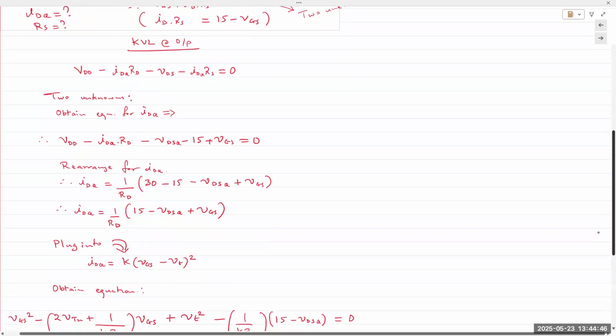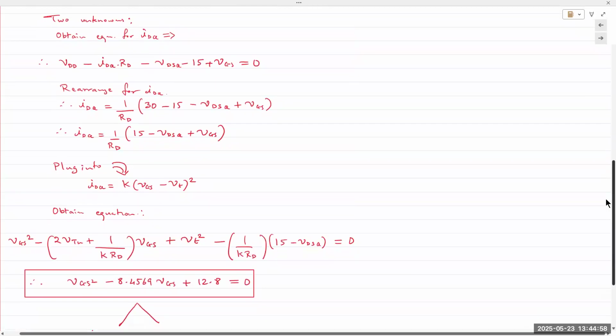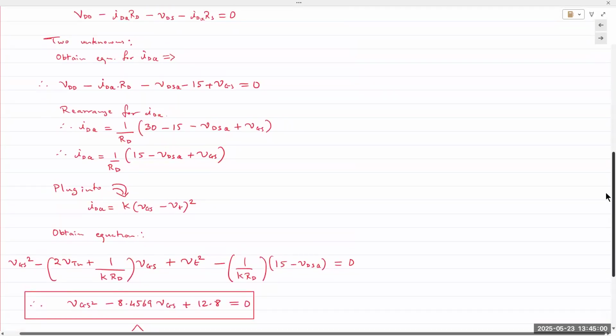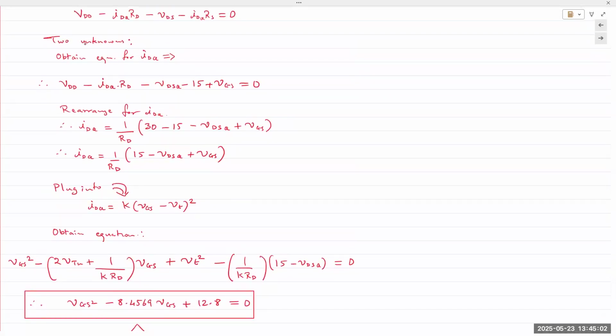So when we try to solve this, if you have 2 unknowns in a circuit, more likely than not, we may end up with a quadratic equation. So since ID is unknown, we are going to manipulate and obtain an equation for IDQ.